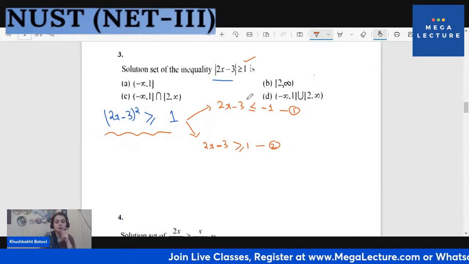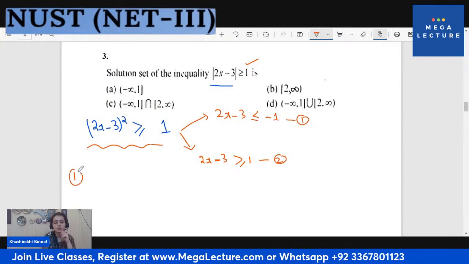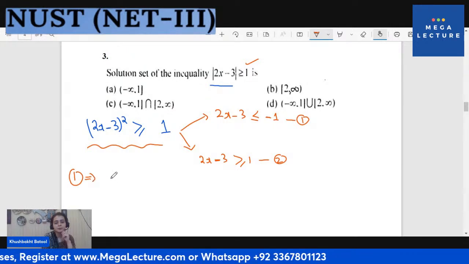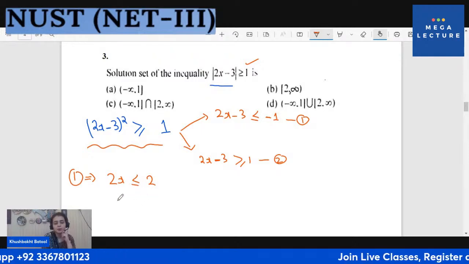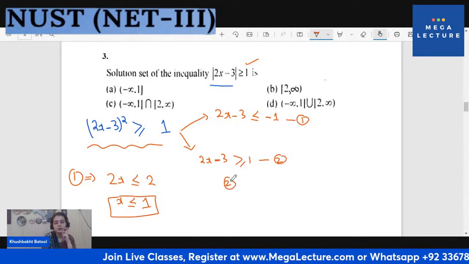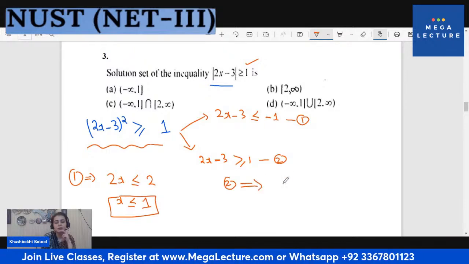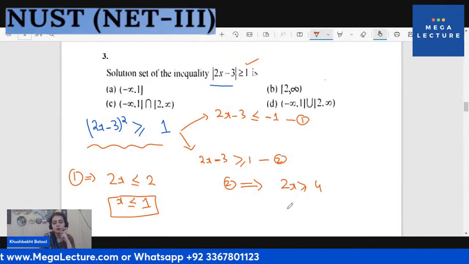Now, I'm just supposed to simplify it. So, let's just do that. Inequality 1 implies 2x is less than or equal to 2. So x would be less than or equal to 1. And inequality number 2 implies 2x is greater than or equal to 4.